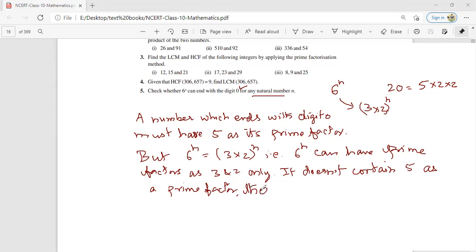Therefore, 6 raised to power n can never end with the digit 0. It will not end with the digit 0. Okay, got it?